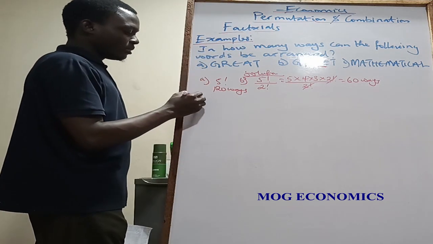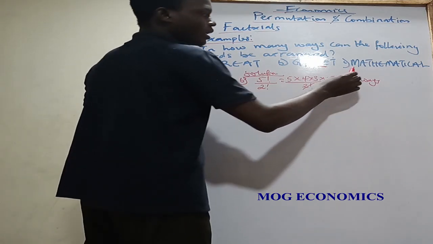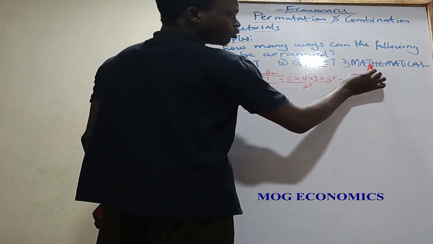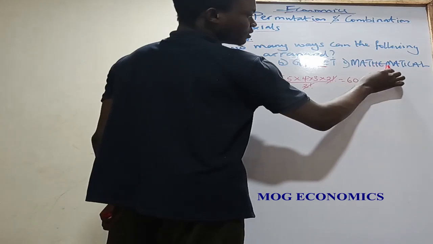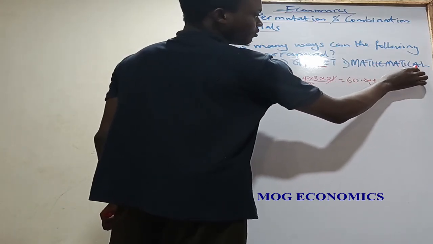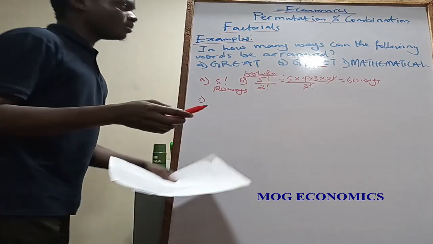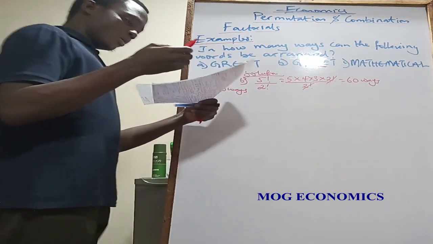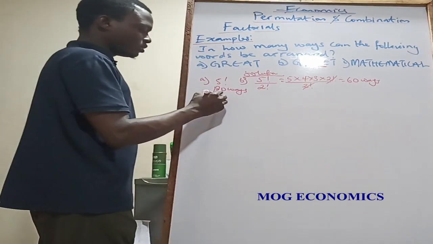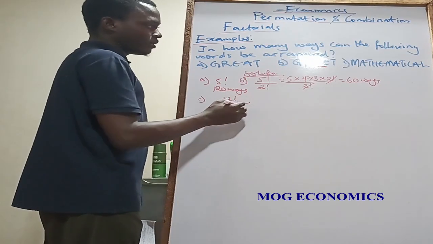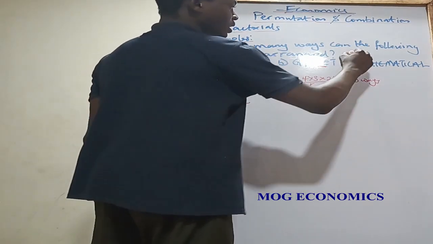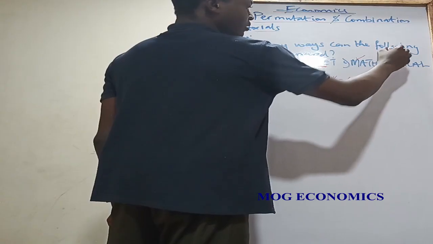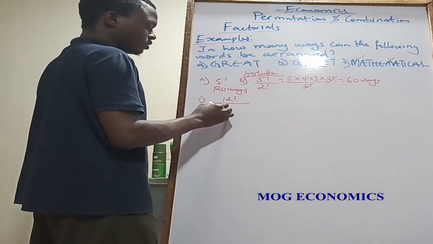Now for C, MATHEMATICAL. So what's the first thing to do? Count everything. 1, 2, 3, 4, 5, 6, 7, 8, 9, 10, 11, 12. So there are 12 letters in MATHEMATICAL. So 12 factorial, then divided by the letters that appear more than once. M is appearing, you have 2 M's, so 2 factorial, right?